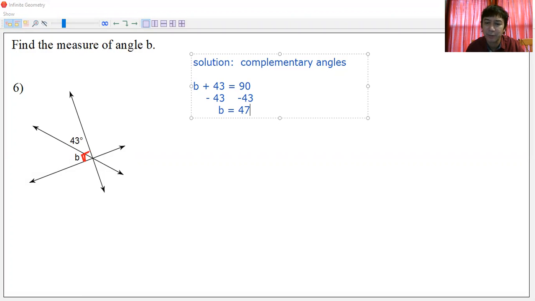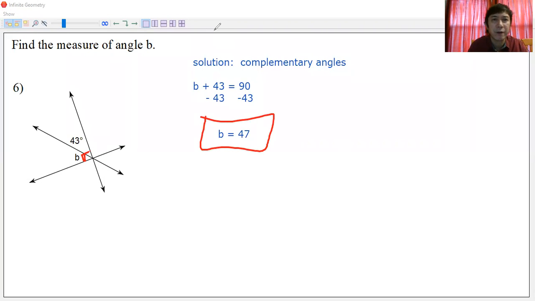This is our answer, 47 degrees. We can verify the answer below the diagram. That is the usual location of the confirmation. So it's also 47 as indicated by the computer's database. That's 47 degrees. All measurements are in degrees.